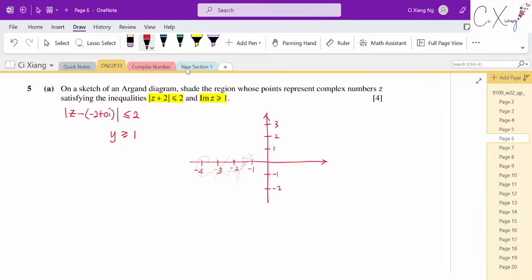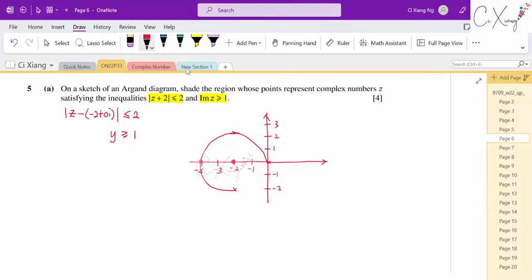Okay, my midpoint is at negative 2 and 0. So this is my midpoint. And then my circle will pass through this one here, 2 units, right? So this and this. If you can, you try to make the ratio the same for both x and y.